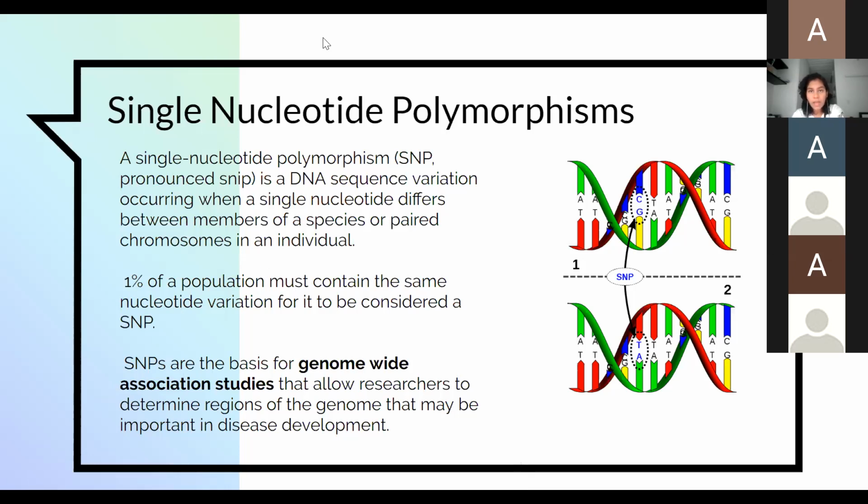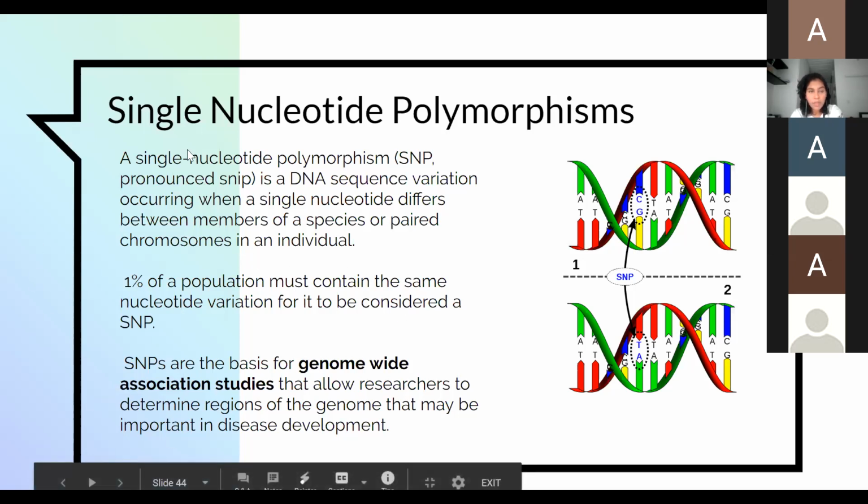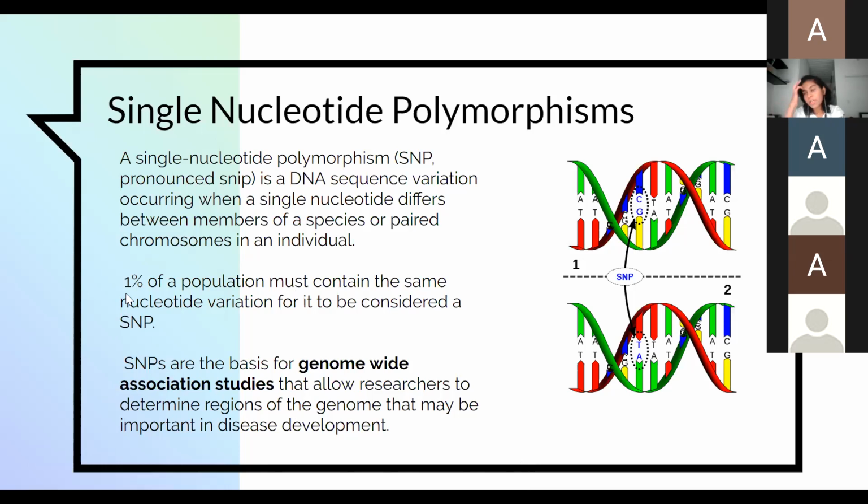A lot of people, even myself, had a lot of confusion as to what a single nucleotide polymorphism is compared to a mutation and why it's different. The difference is the frequency. With an SNP, this variance has to happen in more than 1% of the population, whereas a mutation generally happens to a lesser amount, less than 1%.